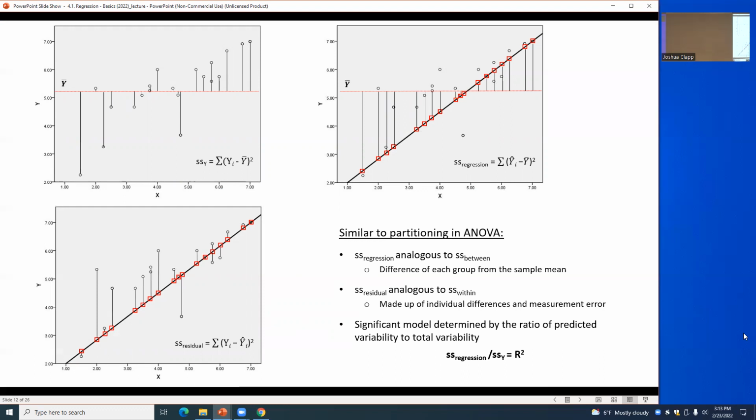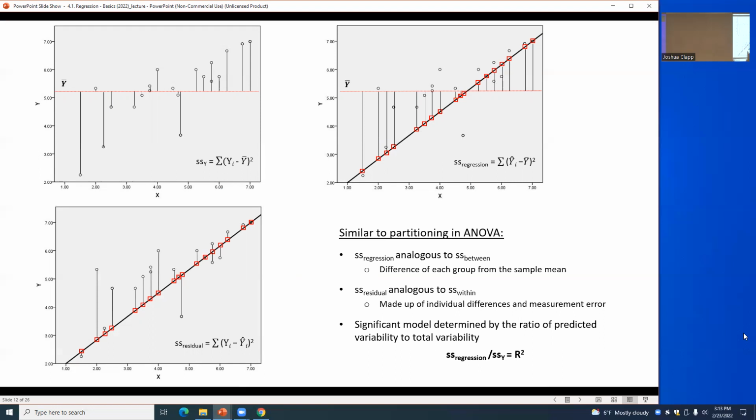My sum of squares residual is analogous to my sum of squares within in ANOVA. This is made up of individual differences and measurement error. Up here, I was spot on. My observed value is identical to the predicted value, so my residual for that case is equal to 0.